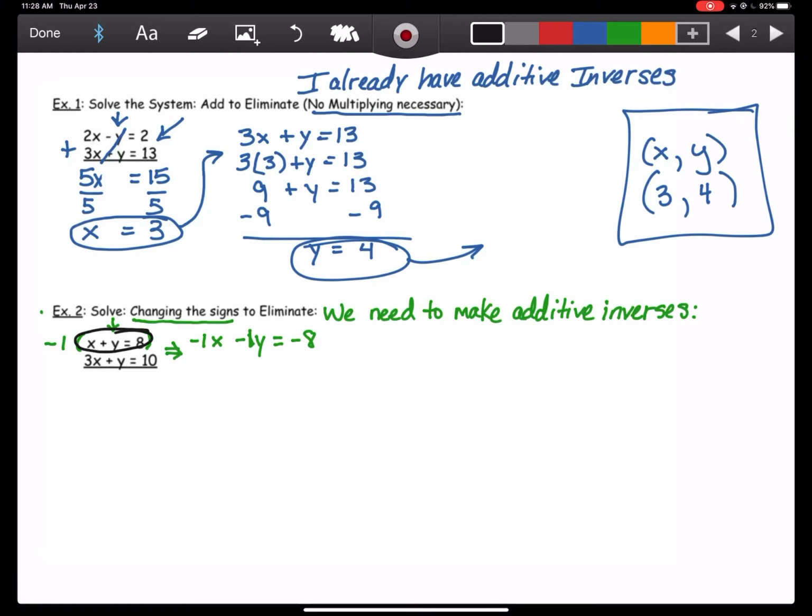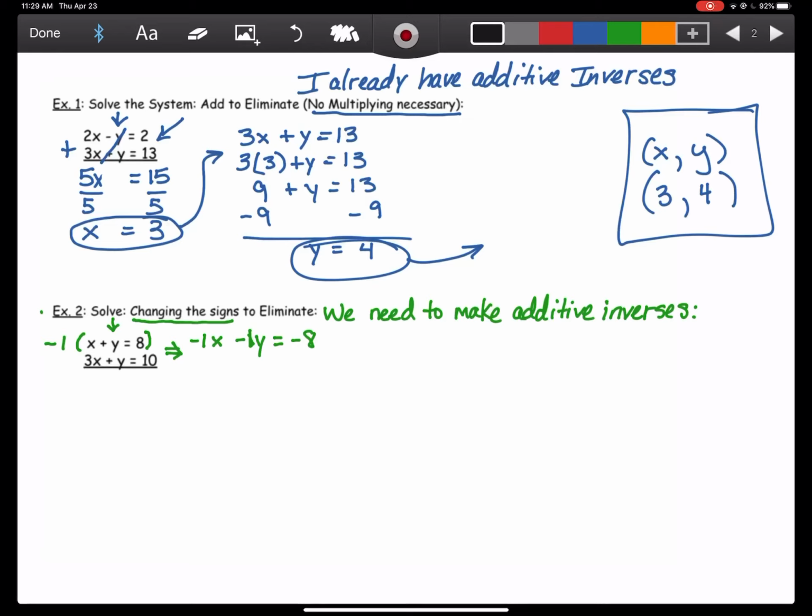This equation and this equation are the same equation. They are equal, but we've changed the look of them through multiplying. Remember, if you multiply the whole side, meaning the whole left side and the whole right side of an equation, you haven't changed the value of the equation. You've only changed the look of the equation. Okay? All right. So, let's keep going.